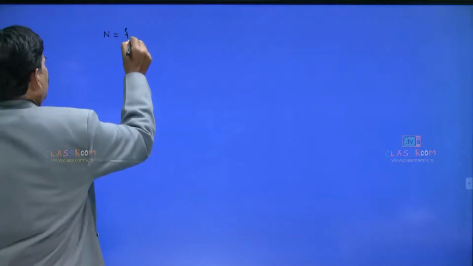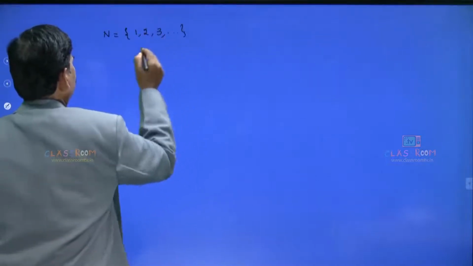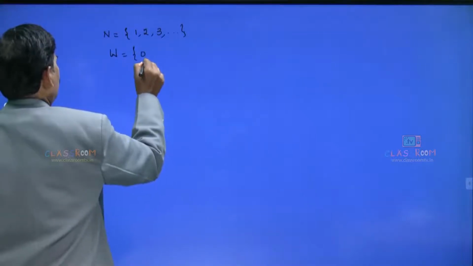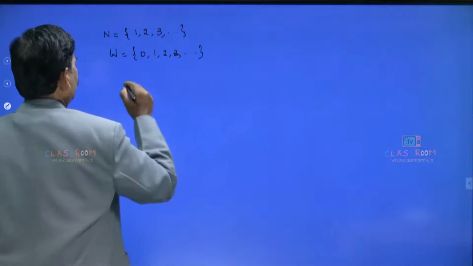Now let us see what our observation is. We got the natural numbers, the set of 1, 2, 3, and so on. Whereas the whole numbers, we got them 0, 1, 2, 3, and so on.